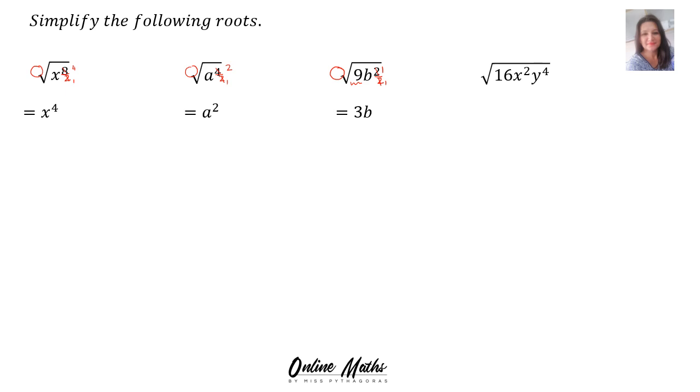On the next sum, suddenly there's 2 variables, but you will deal with them individually. So you will start with the coefficient, the number, and you will say the square root of 16 is 4. That's fine.